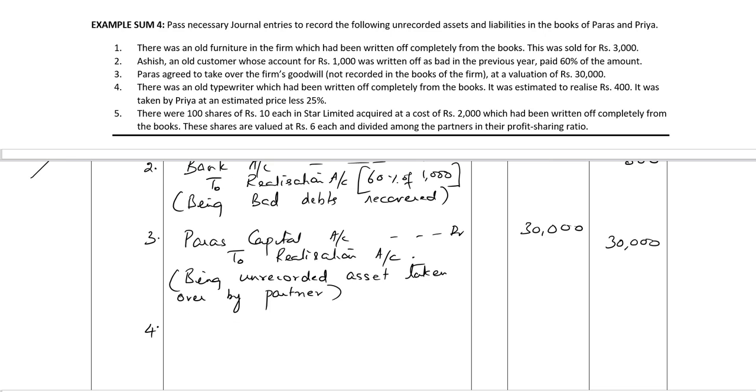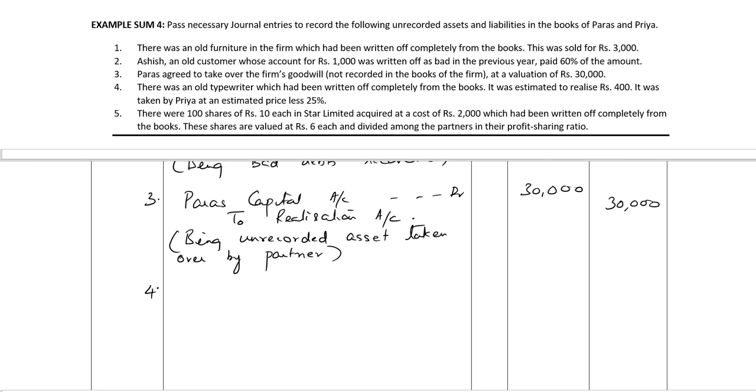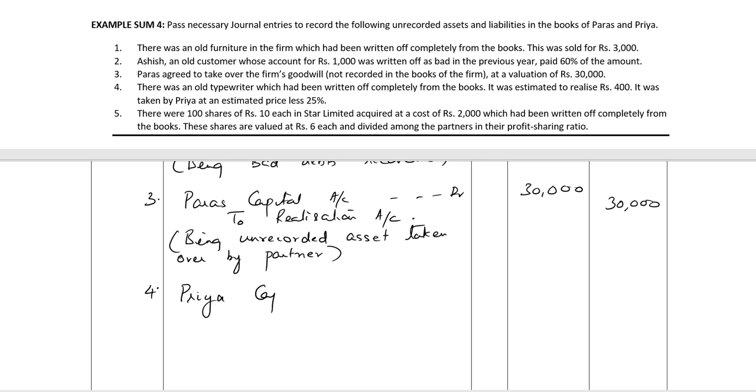Question 4. There was an old typewriter which had been completely written off from the books. It was estimated to realize rupees 400. It was taken by Priya at an estimated price less 25%. So, Priya taking over unrecorded asset, Priya capital account debit to realization account.